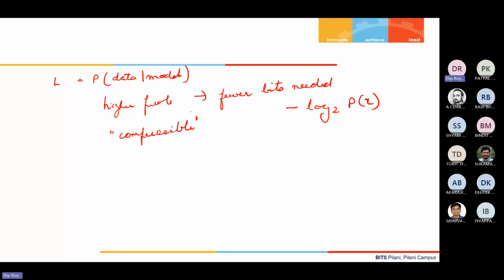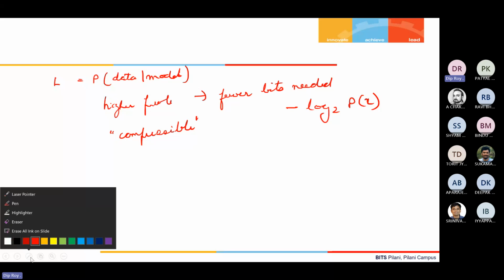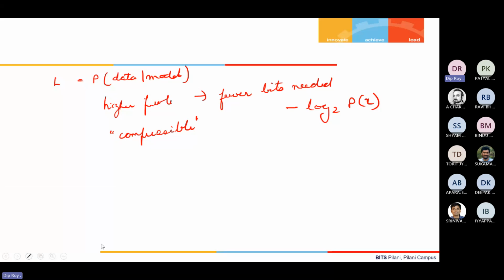Okay. So the key thing to note here, the key thing to remember here, and it's not only about remembering, it's about understanding, is that higher likelihood translates to lower entropy, right?